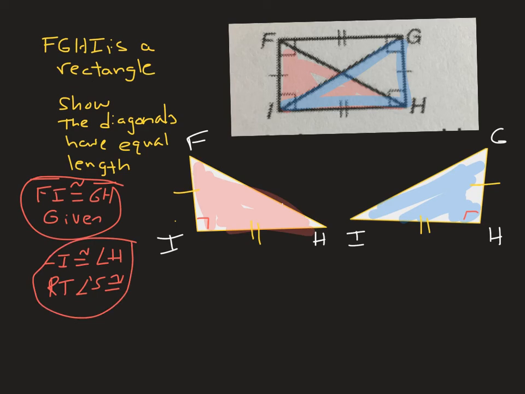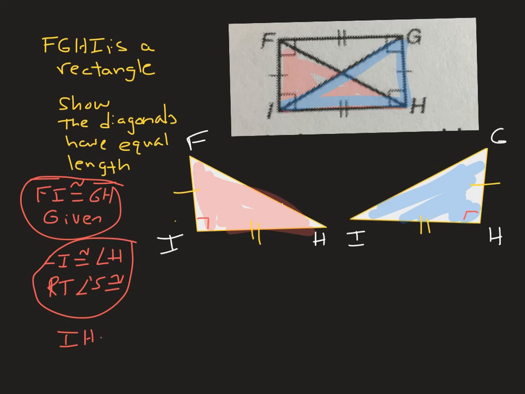The third statement that I need to talk about is this length here. And remember, that's the reflexive property of congruence, because in this picture, IH and HI are the same length. So we're going to say IH. And notice I've got to go backwards because remember, it's important the way we name these. If I'm going from the right angle to this acute angle, I got to go from the right angle to the acute angle.